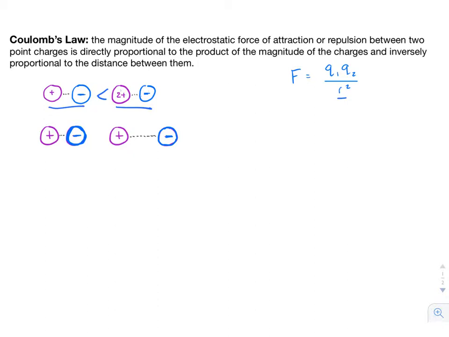The larger distance means our denominator is going to be much larger, and a larger denominator will decrease the overall force. So the greater the distance between two charges, the weaker the attractive or repulsive forces. In this situation, the charges are in closer proximity and therefore are going to be stronger than in this example.